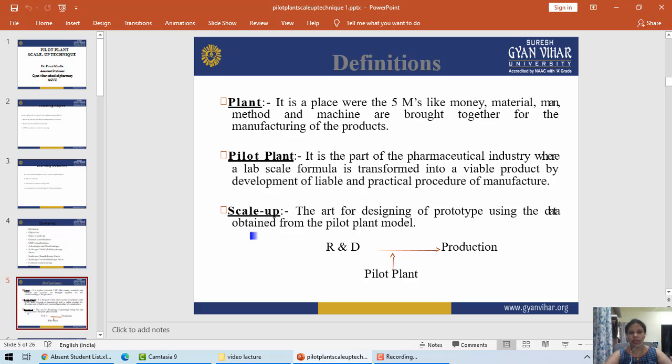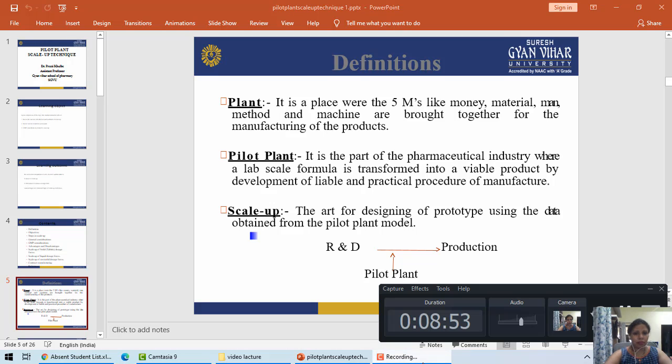In the pilot plant, we can take the machineries as an example. If we want to make a tablet, in the R&D there is a very small tablet compression machine, and in your manufacturing unit there is a very large compression machine.